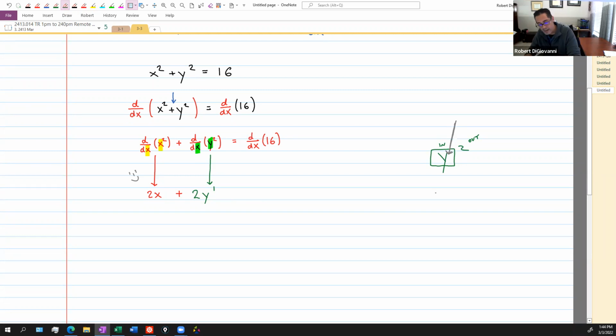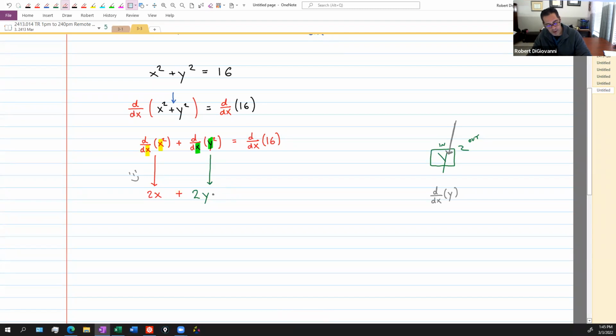What is the derivative with respect to x of y? It's not 1, right? That's not 1 anymore, because it's only 1 if it's dx/dx, right? If it's dx/dx, it's 1, but if it's dy/dx, well, I don't know what that is. I'm going to take that 1 off that y. Is that okay, everyone? I'm going to continue the chain rule.